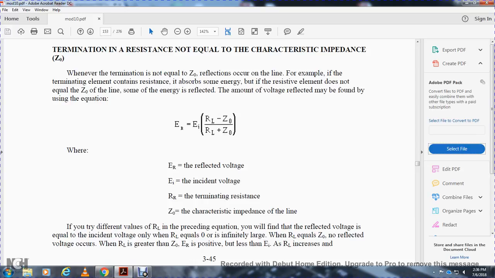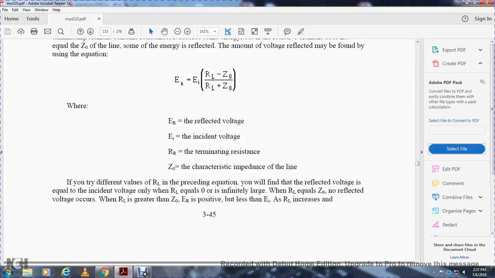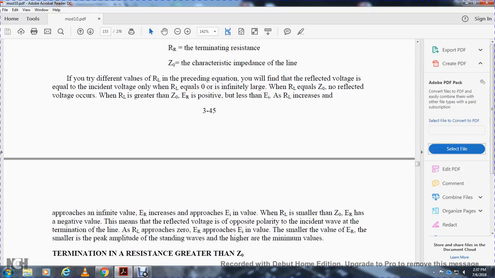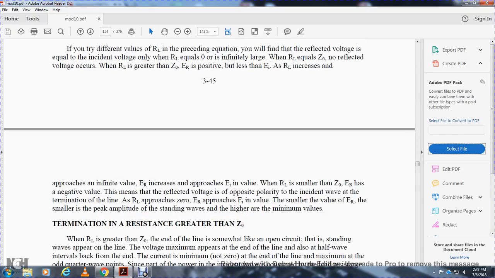When the terminating resistance is greater than the characteristic impedance, the reflected voltage is positive but less than the incident voltage. As the resistance increases and approaches an infinite value, the reflected voltage increases toward the incident voltage value.